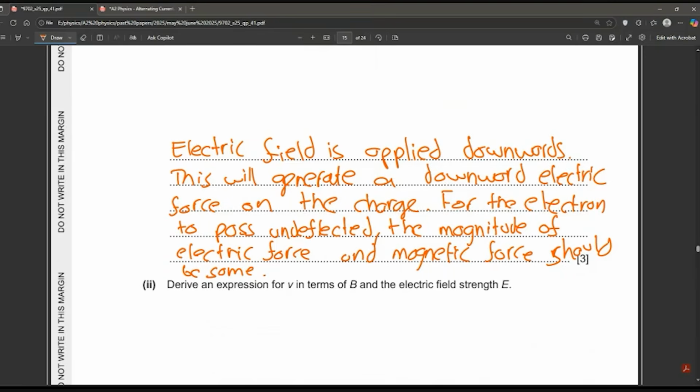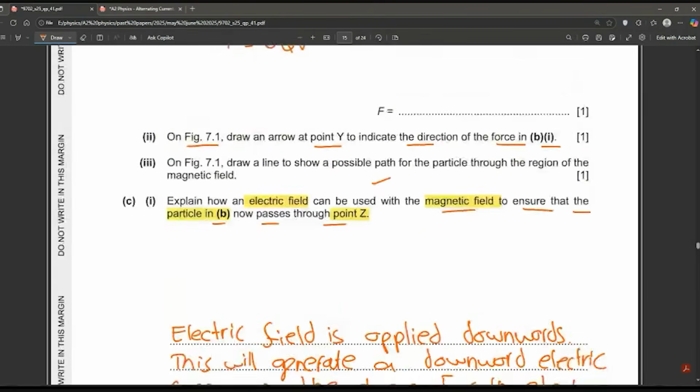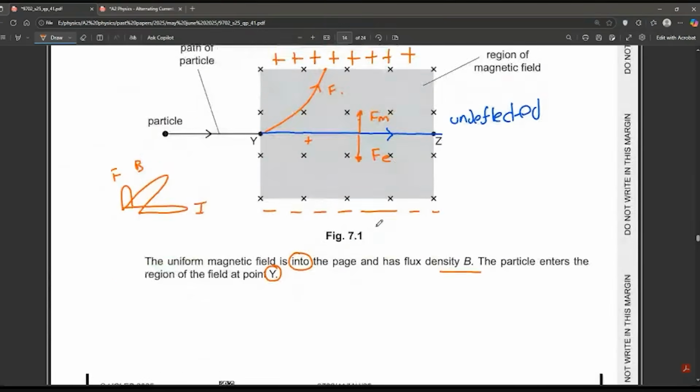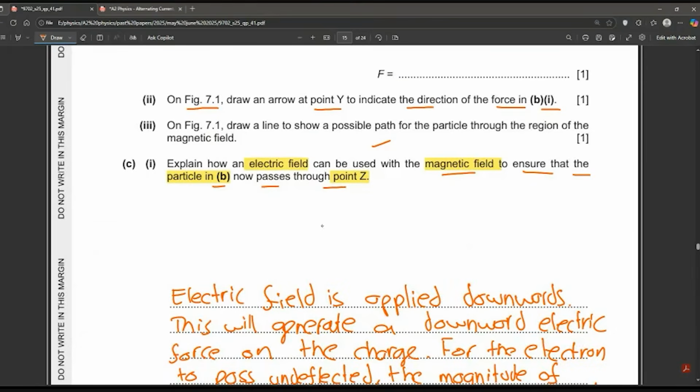Also, if you realize, what has the examiner given you here? A little space. The examiner has given you a space here. You can draw a diagram here as well. Let's draw this entire diagram in a neat and clean format here. Let's say this is magnetic field going into the base. Okay.